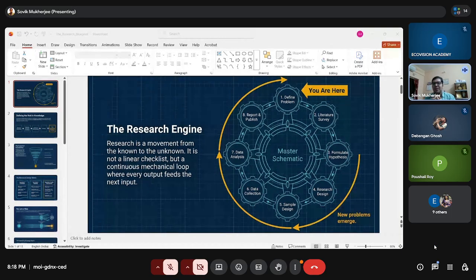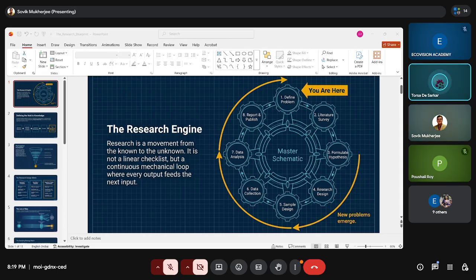My first question to you is, what is wrong with this research problem? It is a very simplified question. No, it's not simplified.